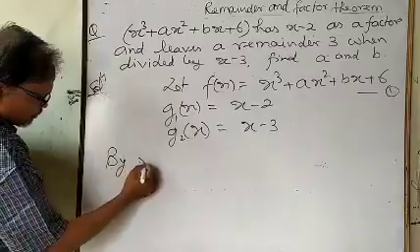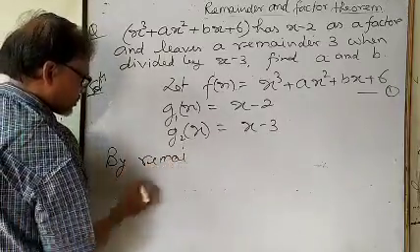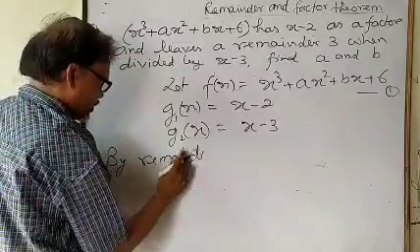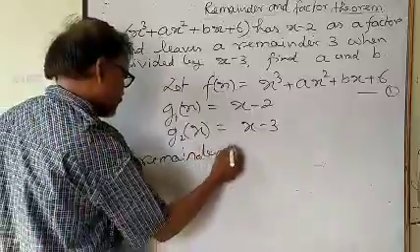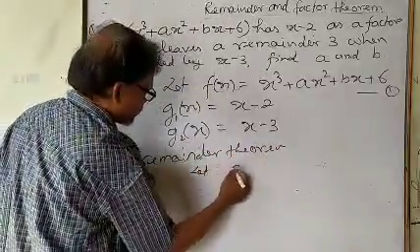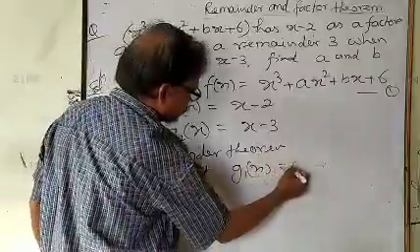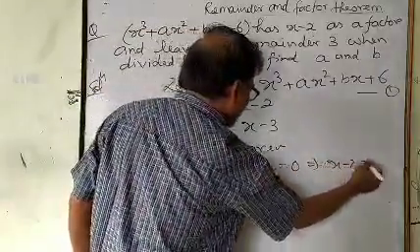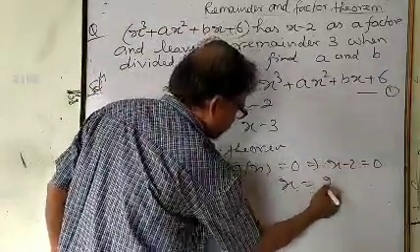By the remainder theorem, the same procedure you have to apply. Let g1x is equal to 0, therefore x minus 2 is equal to 0, x is equal to 2.